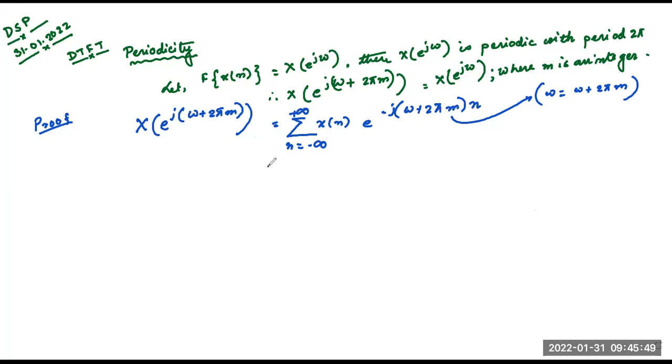So let us write it like this: summation of n equals minus infinity to plus infinity x of n into e to the power minus j omega n, into e to the power minus j 2 pi m n. We can write this.